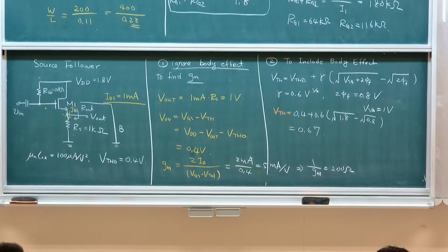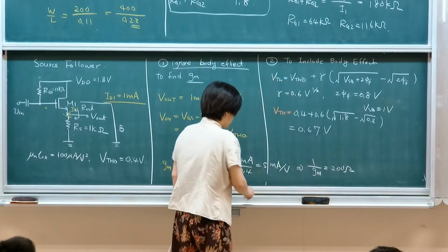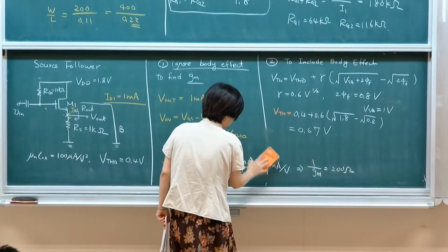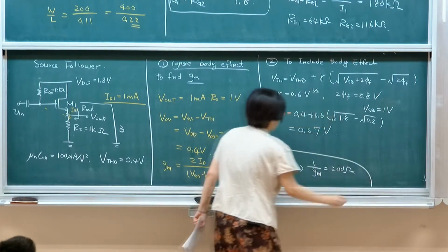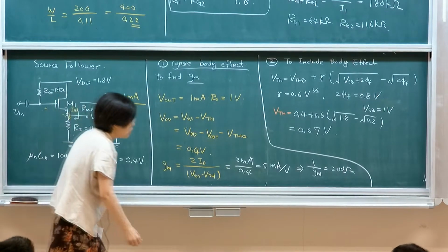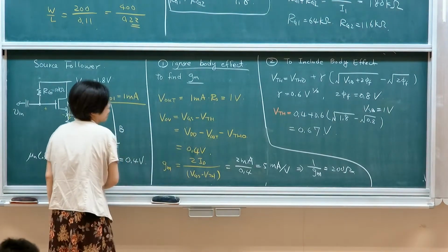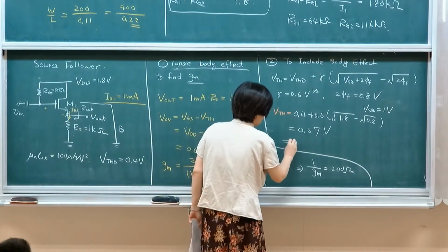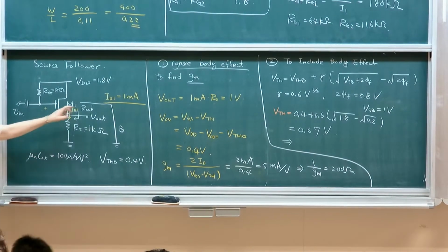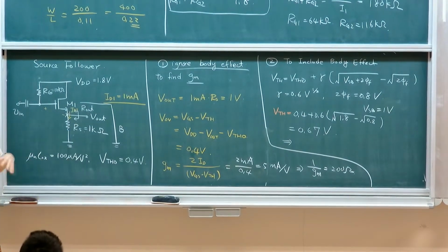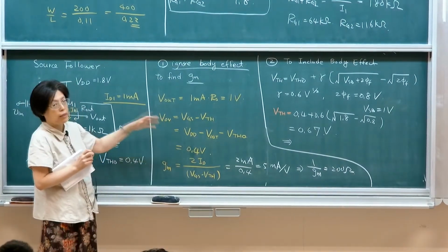The implication is that to sustain the same amount of current, you would then need a much larger W over L. From this, we can actually go back and calculate its W over L.